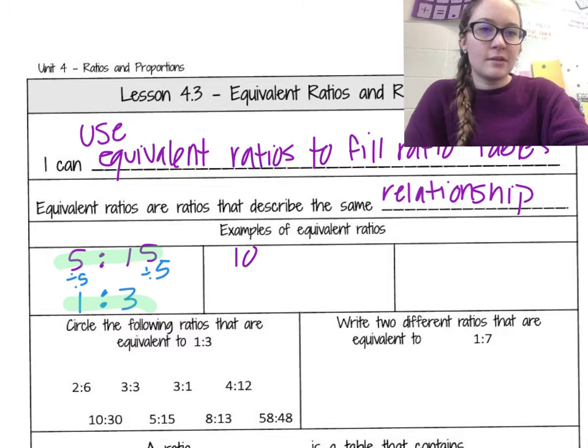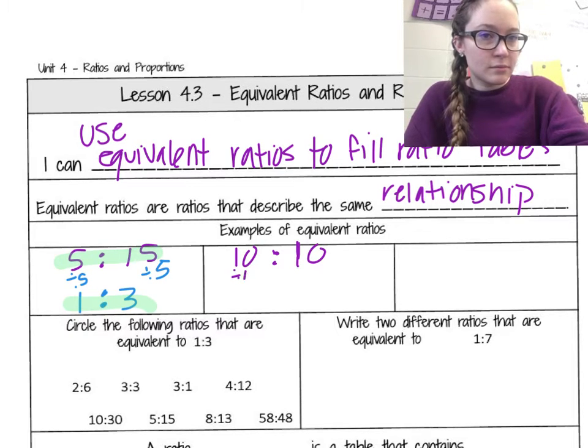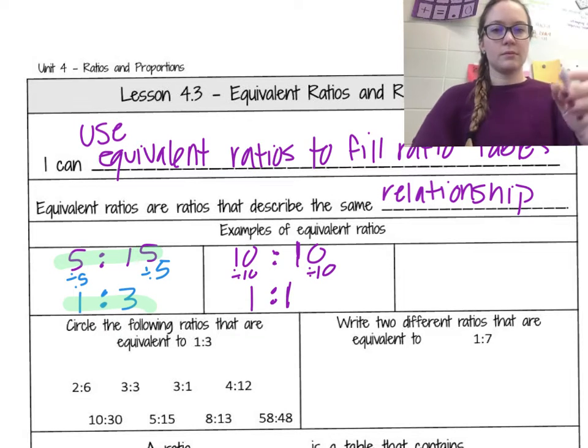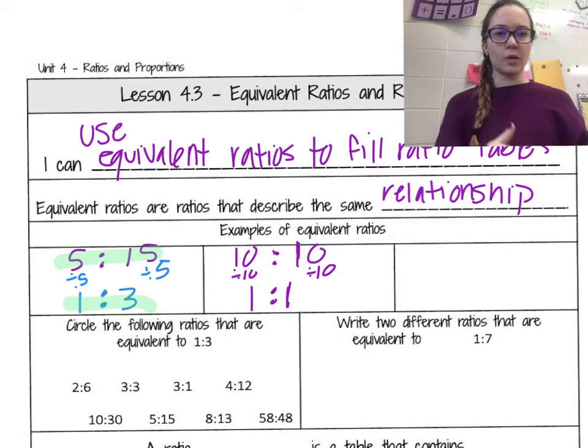Let's do 10 to 10. I can divide both of those by 10 and get the ratio 1 to 1. So 10 to 10 and 1 to 1 are equivalent. I changed it by the same amount.